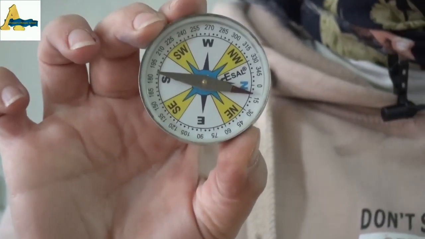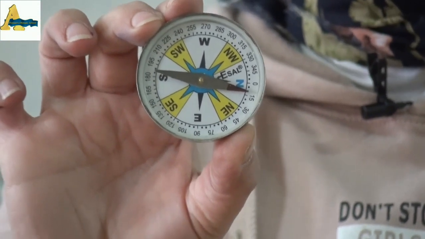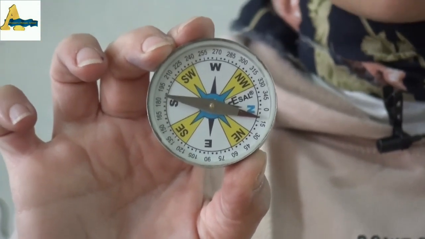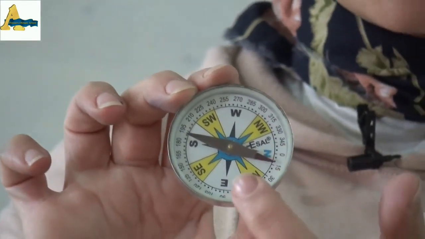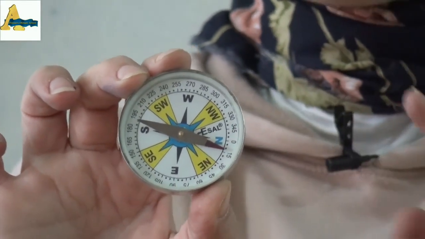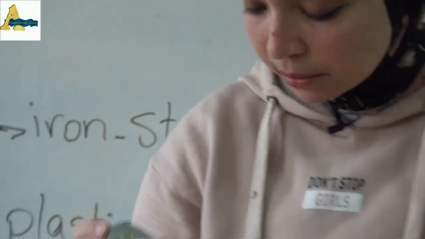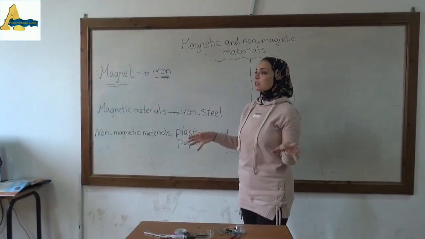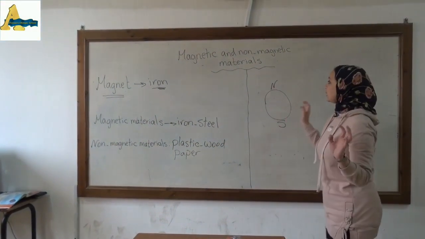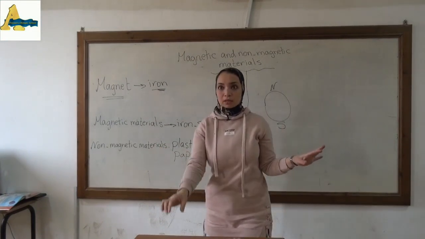When it stops moving, its north pole always points to the north pole of the Earth. We use the compass in seas, desert, and air to know the directions.